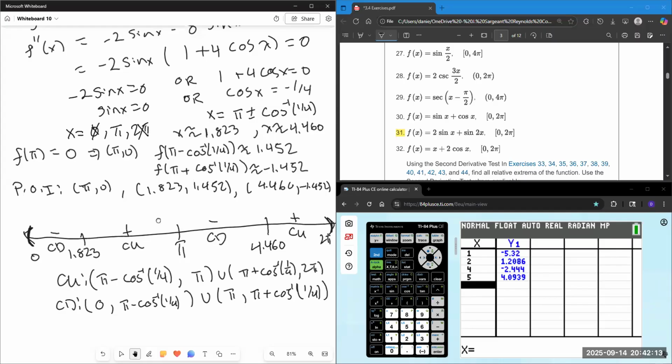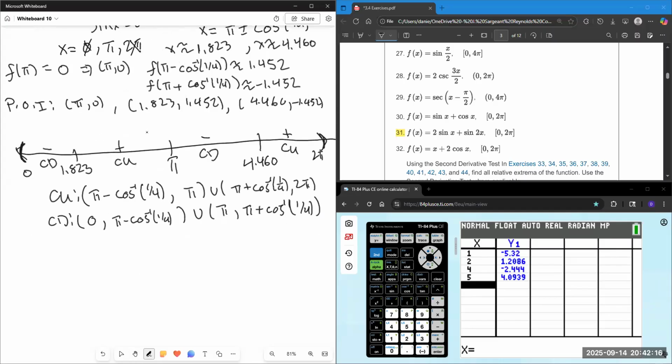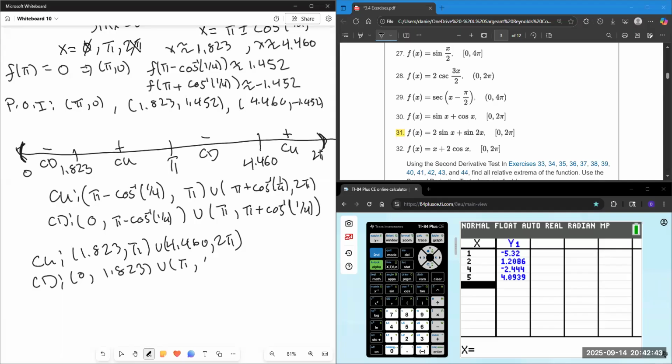The textbook is probably going to use the approximations here and say that we're concave up from 1.823 to pi union 4.460 to 2 pi, and concave down from 0 to 1.823 union pi to 4.460, like so. Okay, that was 31.